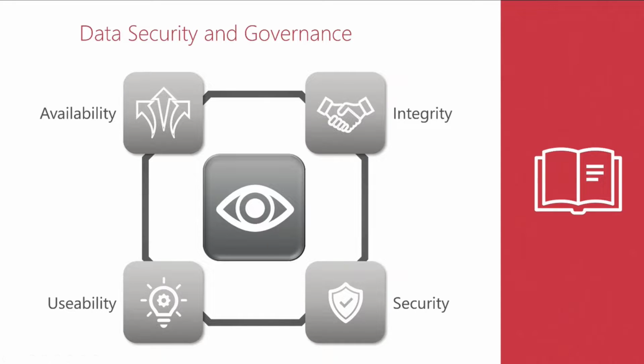Usability, are the data sets rich in business context, and are they functionally useful for deriving insights? Integrity, is the data of good quality and is it trusted in the business? And then in security, are correct regulations applied to that data? Is access restricted to only the personas that require it? And are PII, personal identifiable data fields, protected where applicable?